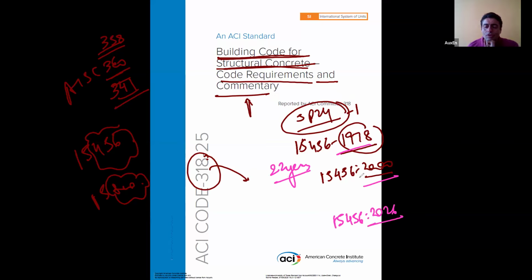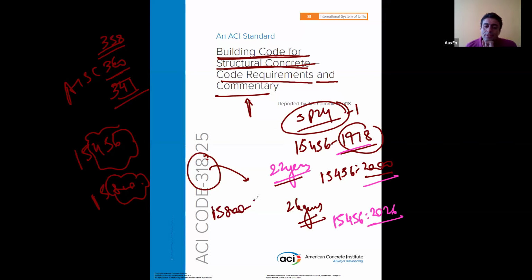Maybe in 2026 we might get a revised 456, who knows? So it will be what, 26 years. That is a very, very long time that the Indian committees take to revise standards. Same as the story with IS 800.